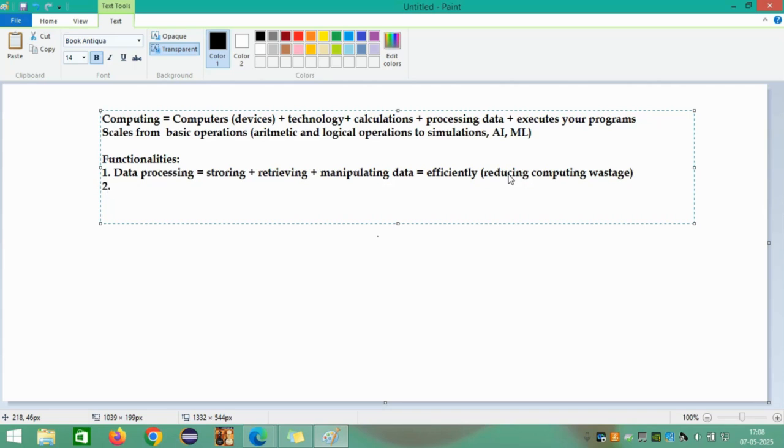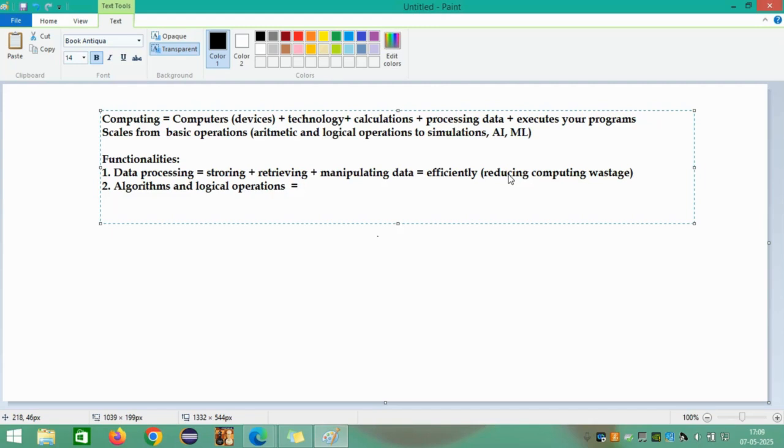The second important functionality which plays a major role is the set of algorithms and logical operations. An algorithm is nothing but a set of predefined steps. Every time there is a request raised in a computing environment, how are the requests taken?